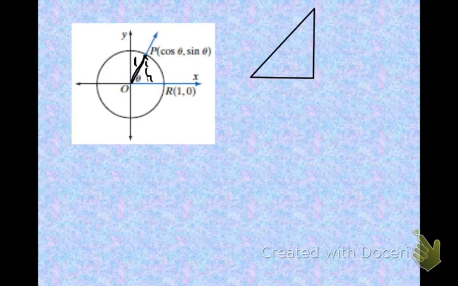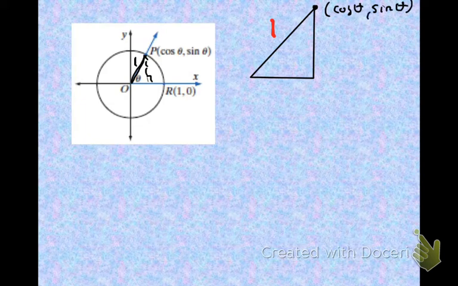I'm just going to draw out real quick what it would look like if we were to drop an altitude straight down here and make it a right angle. So it would look something like this. We already know that this is going to be 1. The coordinates of the point here are cosine theta, sine theta.